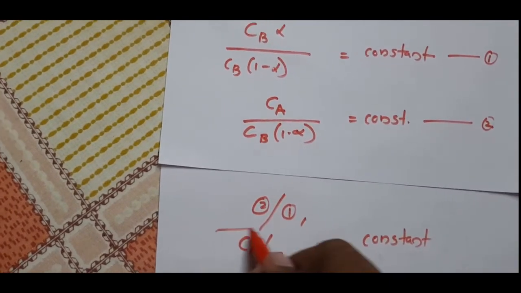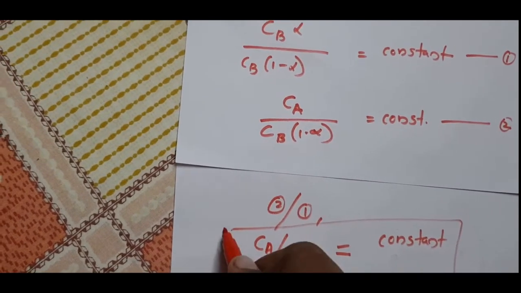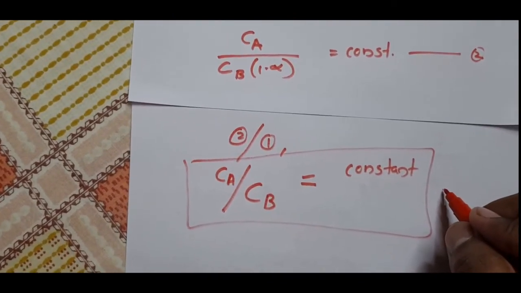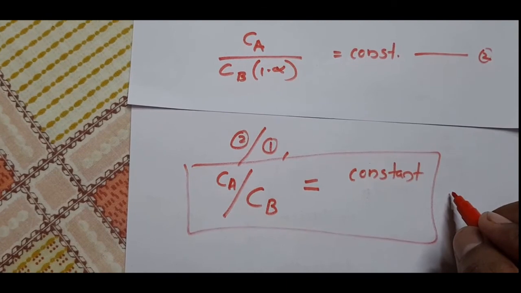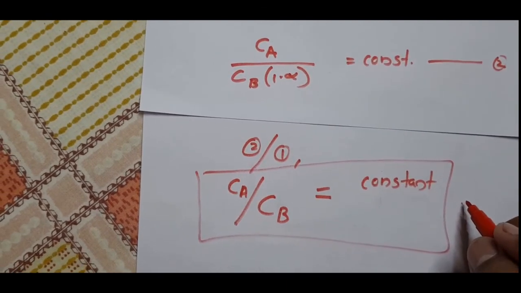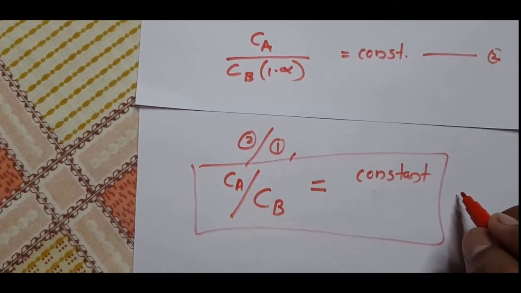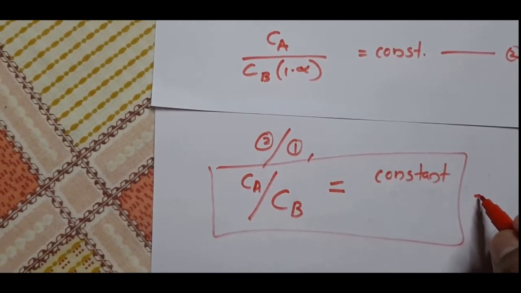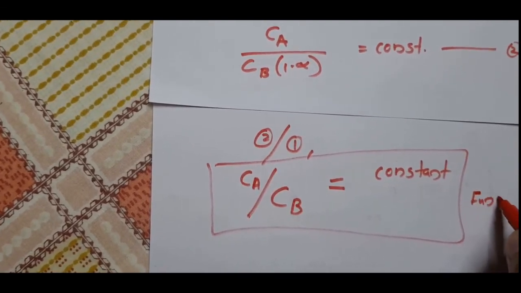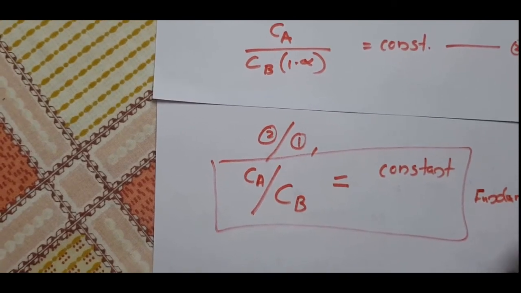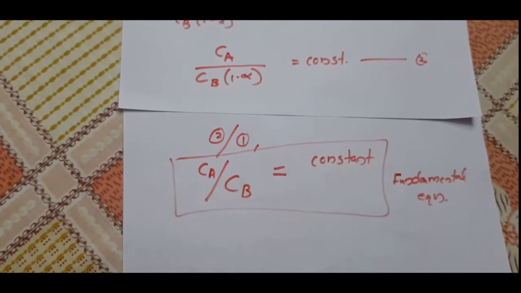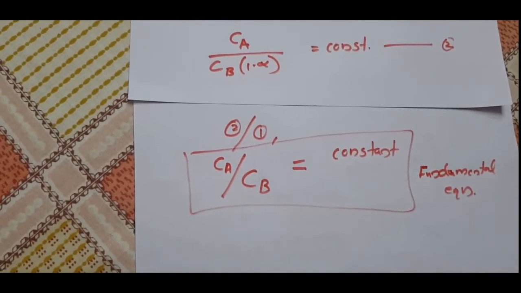This one we are familiar with, Ca by Cb is equal to a constant, the fundamental equation of Nernst distribution law.